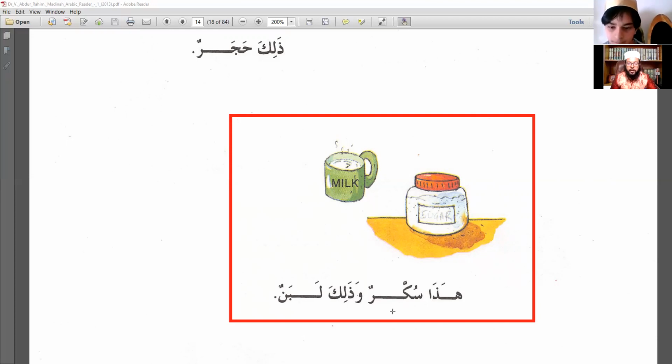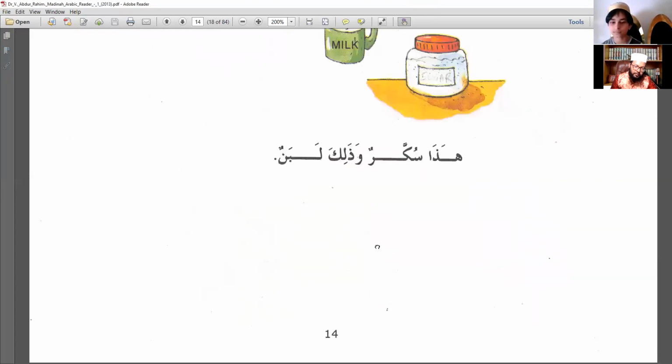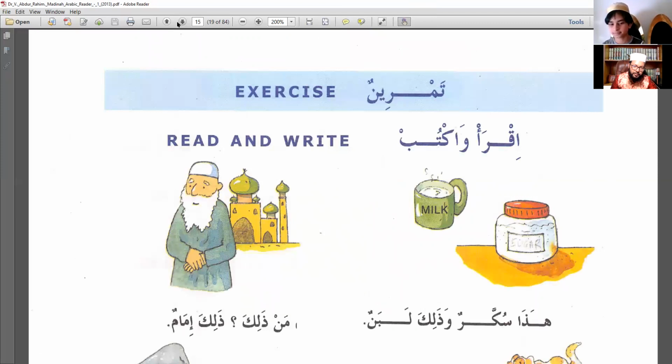Yes, هذا سكر وذلك لبن. This is sugar and that is milk. Very good. So now this page has been finished.